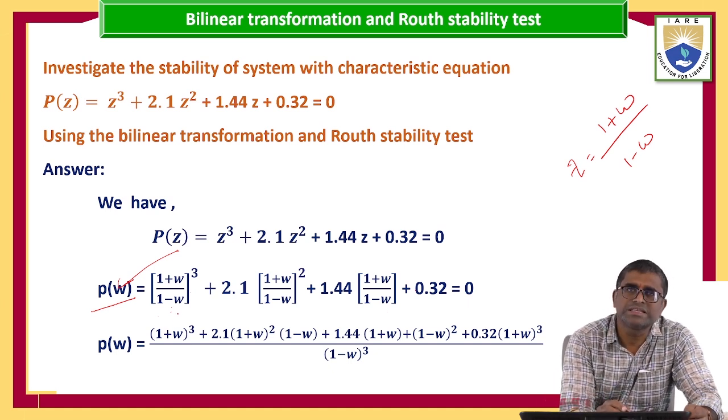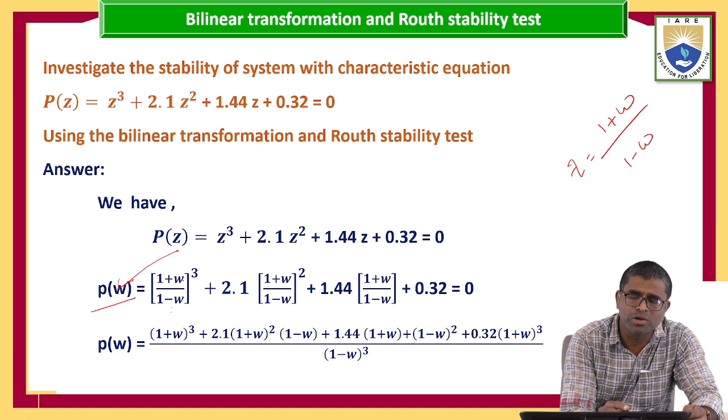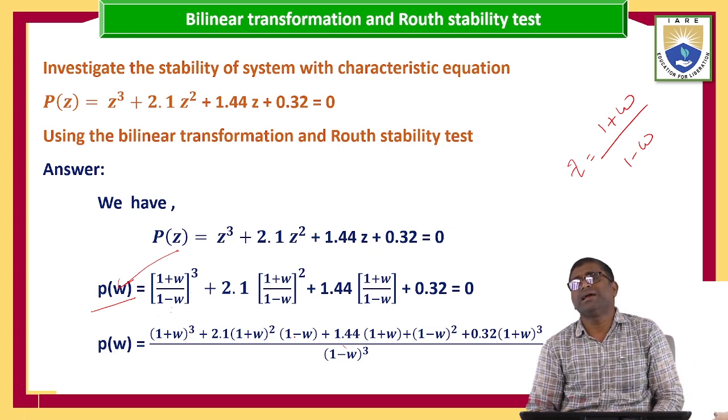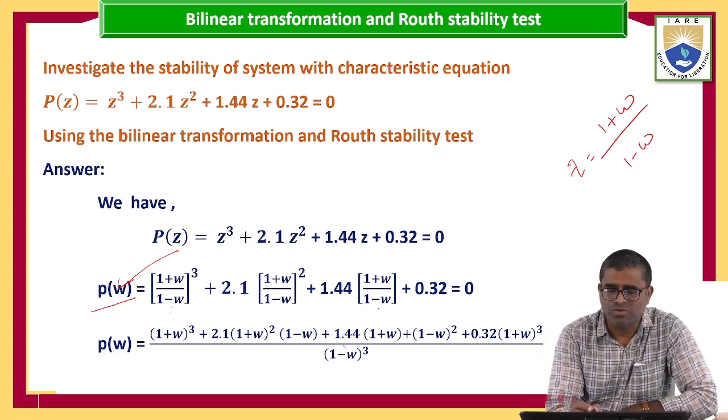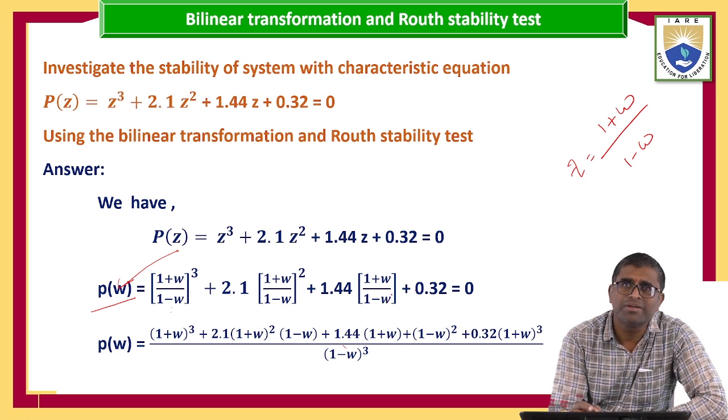In this equation, taking the LCM, the highest power is 3, so (1 minus omega) whole cube is the denominator. The numerator is (1 plus omega) whole cube plus 2.1 into (1 plus omega) whole square into one more term (1 minus omega), because the square term needs one remaining factor to make the third power. Then 1.44 into (1 plus omega) into (1 minus omega) whole square, since the power there is 1 and the total is 3, so a square term comes. Then plus 0.32 into (1 minus omega) whole cube, since it is a constant, the total power comes here.